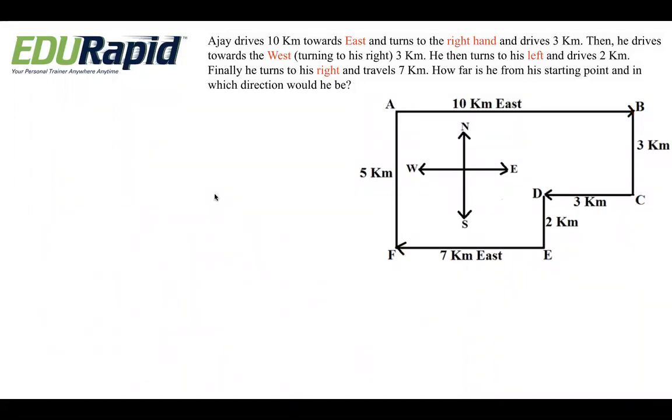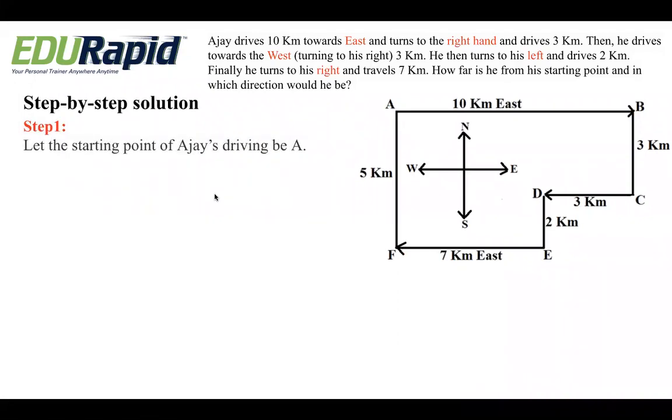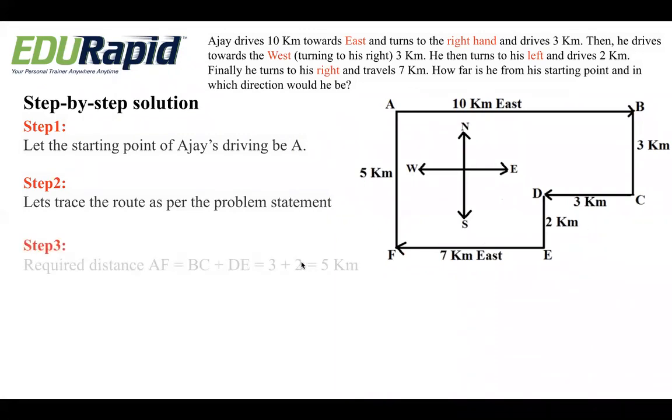So let's look at the points step by step. Step 1 says let the starting point of Ajay driving be A. And then we traced, as per the problem statement, along. And then we found out that we need to find the distance between A and F. That will be BC plus DE.